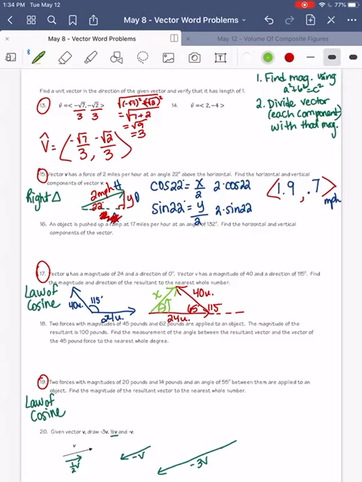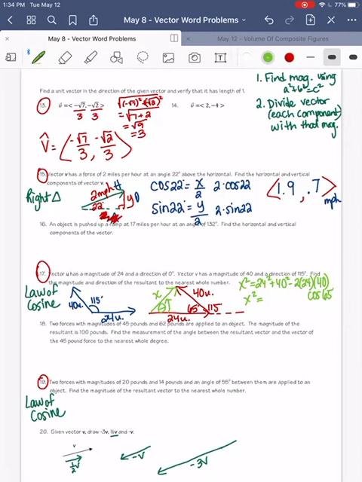Now we're going to use the law of cosines because this is not a right triangle, so that's why it's a little different from 15. So we're going to do X squared equals 24 squared plus 40 squared. Sorry, I always run out of room, it seems.